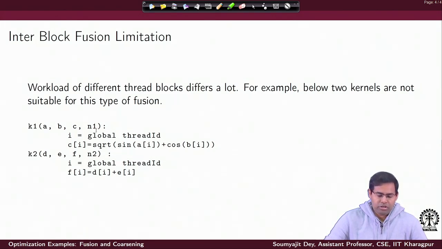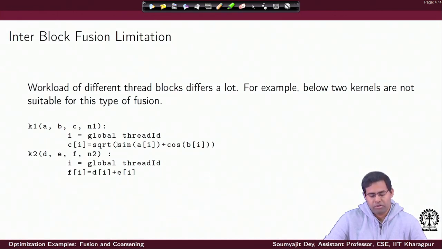So, if we check here for K1 and K2, K1 is a heavy kernel, because all it is doing is a square root of sin A plus cos B in a per thread manner. So, it is going to actually use the special function units in the SM. I hope you remember the special function units, which are going to do the transcendental functions.